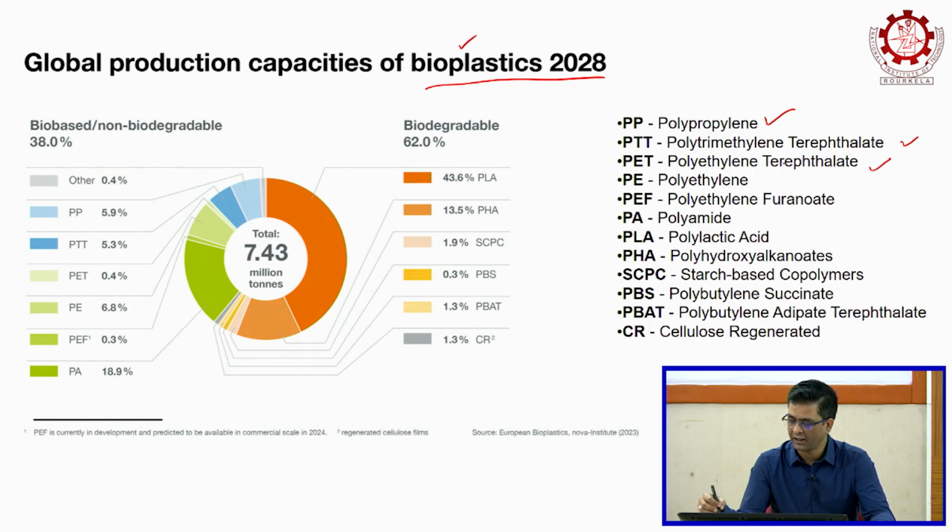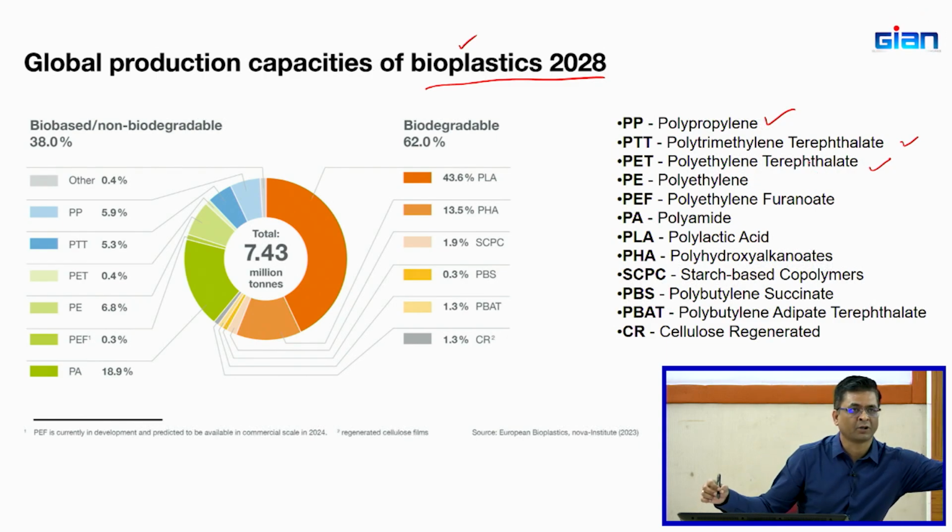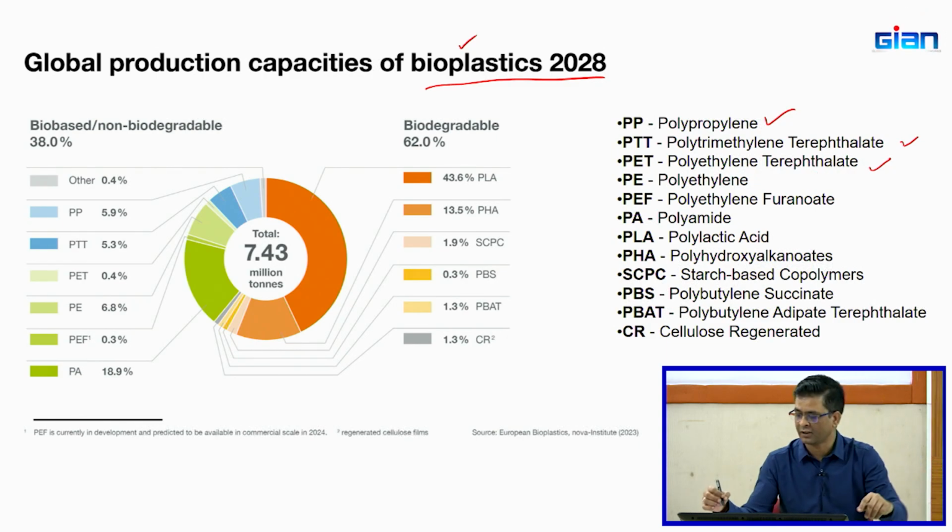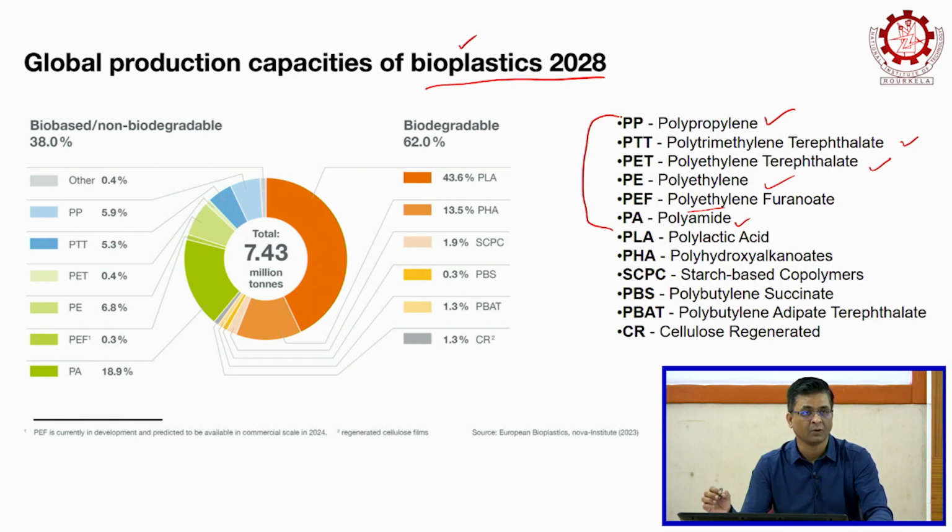Polyethylene terephthalate, this is the PET bottle. Polyethylene, PEF, polyamide. Now these are all of chemical origin. PLA comes from lactic acid, now extensively used, and lactic acid comes from dairy waste. Lactose to lactic acid, and making it cyclic, that is PLA.